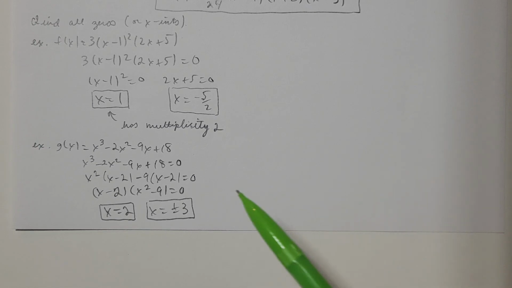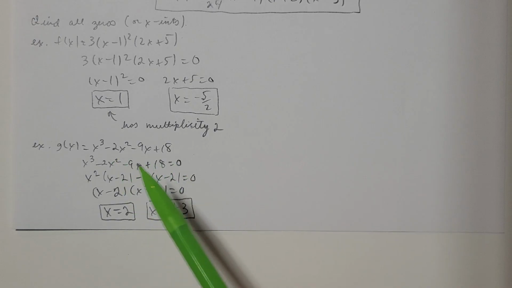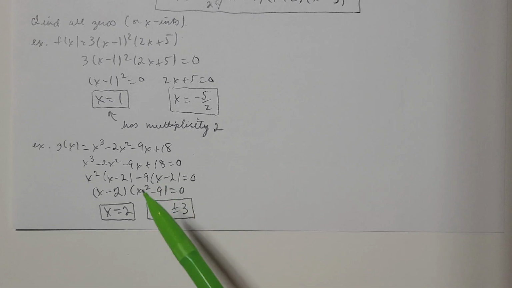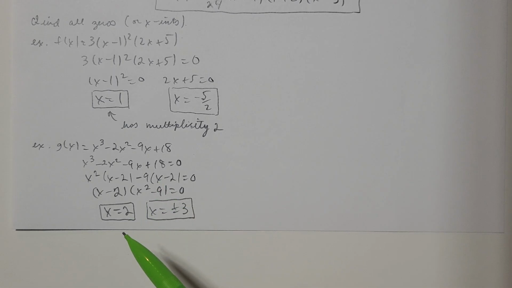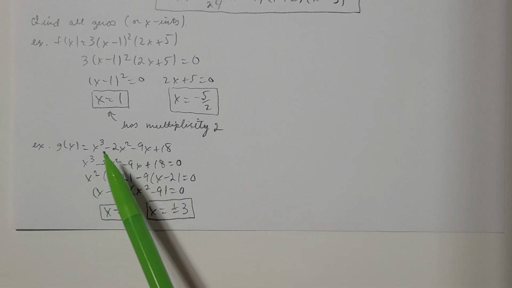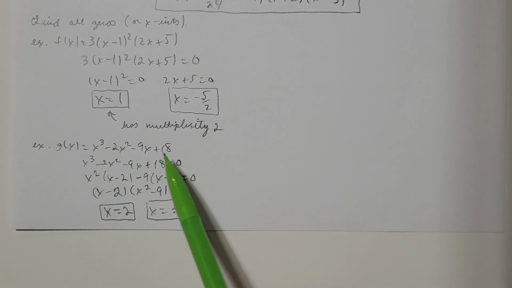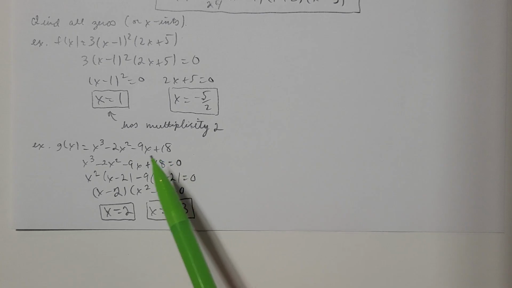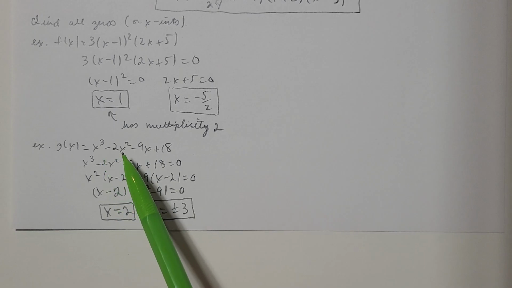Okay, so factoring. I don't have a common factor in all 4 of these terms here, but I can factor by grouping. Okay, so let's go ahead and use that approach. So we're going to let the first 2 terms be one group and the last 2 terms be another group. Out of group 1, what's in common there would be x squared.